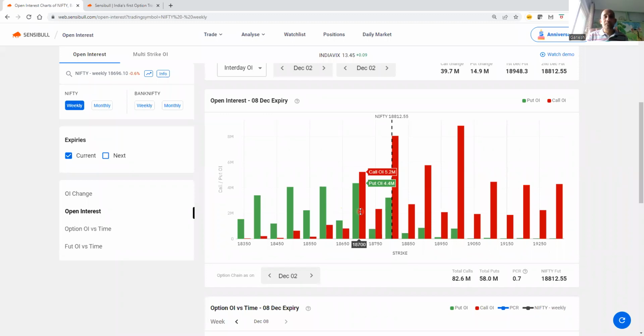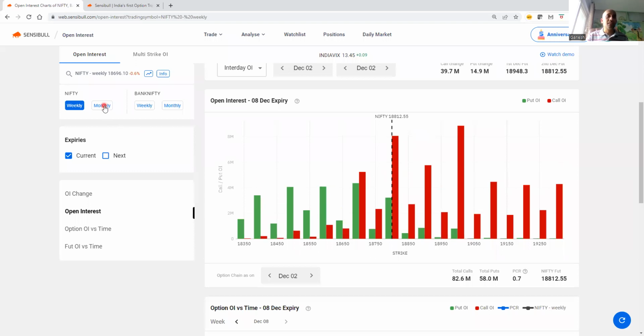So by this expiry, more people bet for the 18,700 straddle. Roughly equal quantity of shorts we can see at 700, but a higher number of call shorts at 800. All other things are indecision, that is hedges, which we don't need to consider. We ignore the others. So this is how we can see open interest weekly.